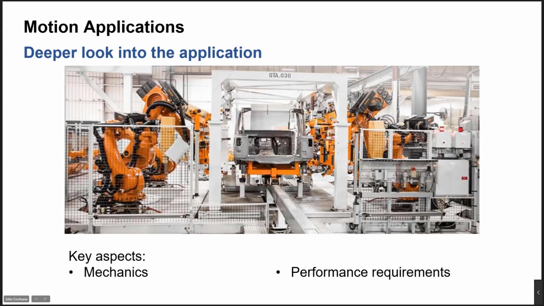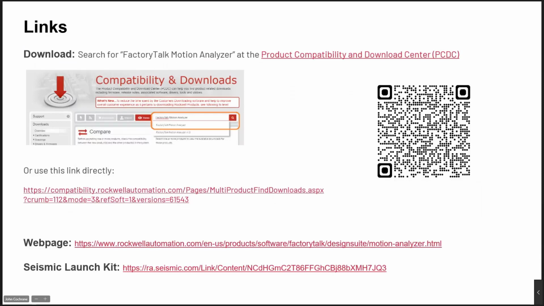Regardless of the kind of application or which axis you're sizing, it will fall into a specific section of the sizing procedure, imposed by the mechanics of your customer's application and the performance requirements for the axis. We'll go through all the different types of mechanics available in the sizing software, and the performance requirements we need in order to size the axes.